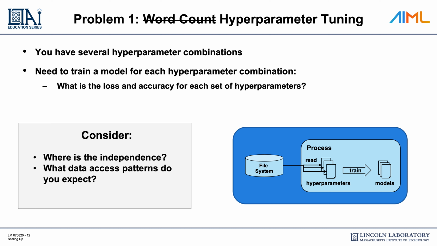For each one, we may want to train the model, calculate loss, accuracy, or other metrics, and save the model and metrics to a file. This is a throughput application where we can train each model on a different process. On your own computer, you can start up multiple Python processes and have each train on a different subset of parameters. Without going too deep, on an HPC cluster, you can use something called a job array to do this.